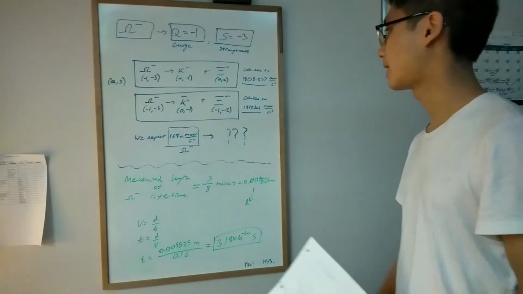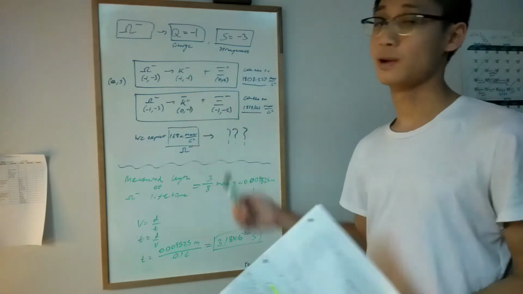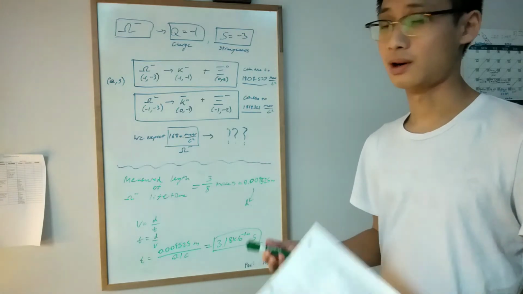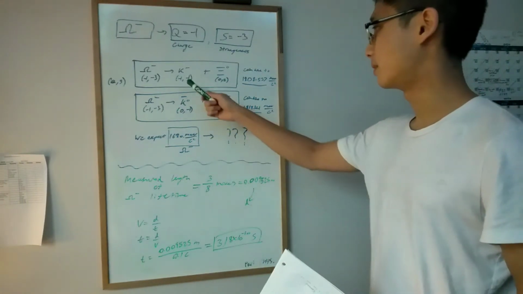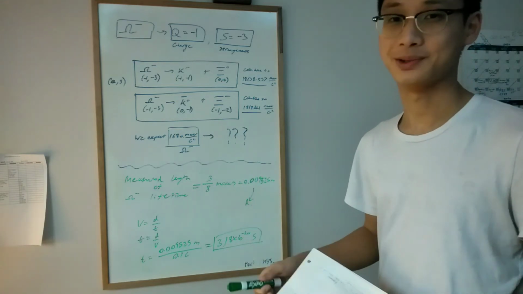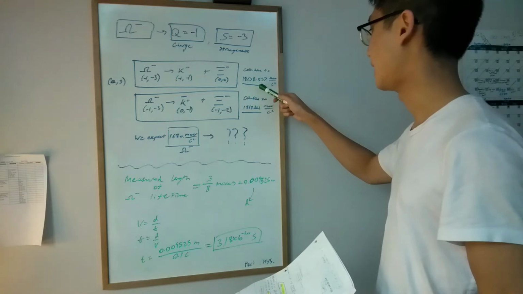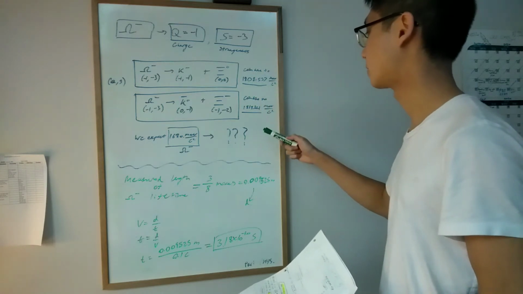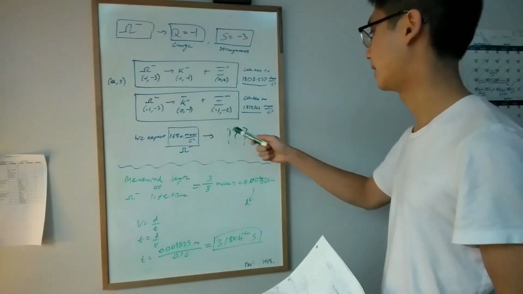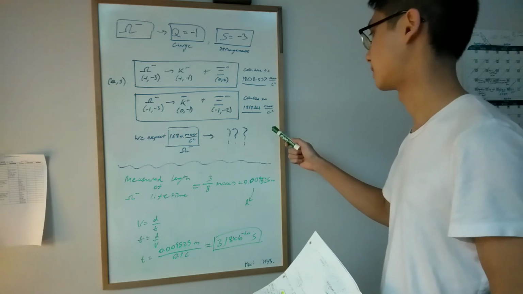But if we actually look at the masses of these constituent particles and what they add up to, it's a bit of a problem. If we add up these two particles, using the data from the Particle Data Group website, we get 1,808 megaelectronvolts per c squared, and with this combination you'll get 1,819 megaelectronvolts per c squared.